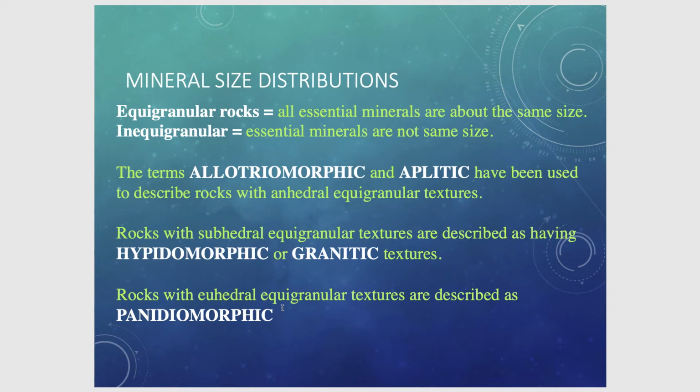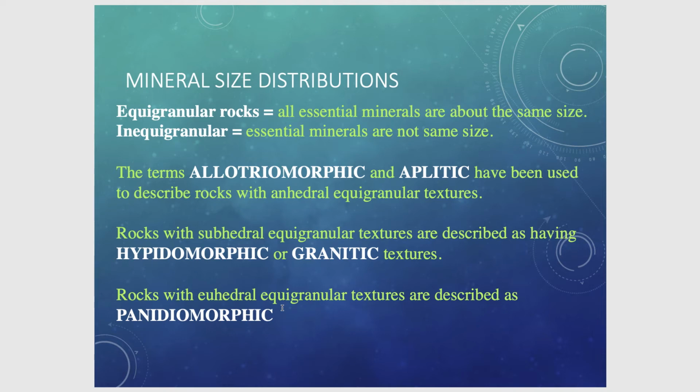Rocks with subhedral equigranular textures are quite often described as hypidiomorphic or granitic textures. So a subhedral rock is usually represented by partly regular and partly irregular crystals. By irregular, I mean the morphology of the crystals.